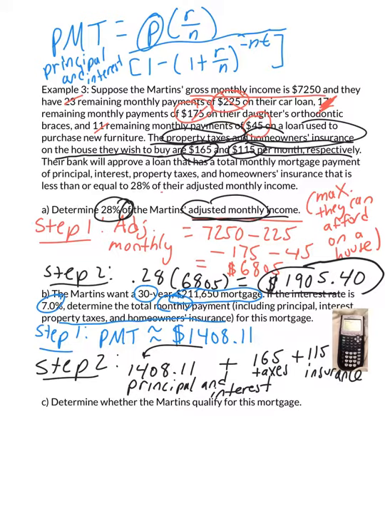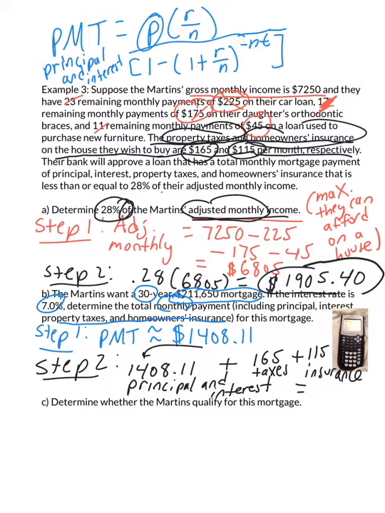This one did not mention there's also a mortgage insurance that they force you to buy if you generally make a smaller down payment than 20%. But they didn't mention it in the homework, so we're not going to worry about it here.